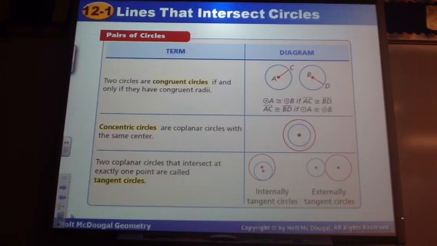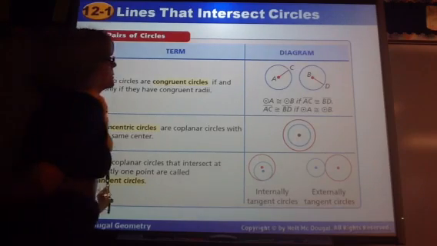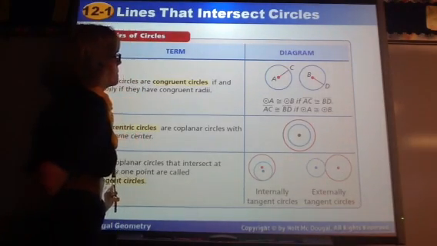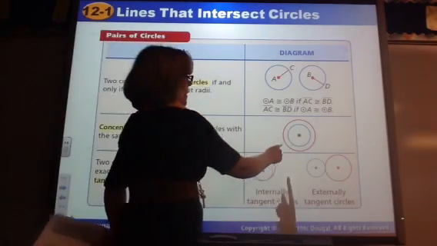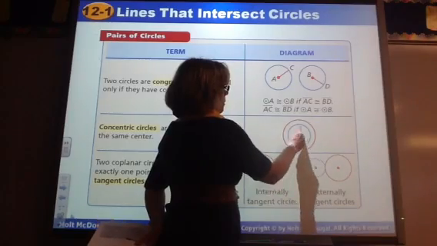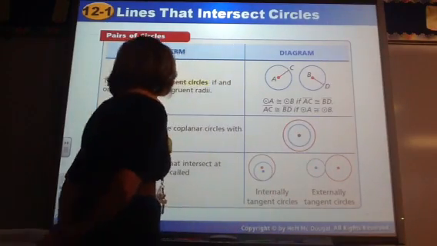Pairs of circles. Two circles are congruent circles if and only if you have congruent radii. Concentric circles are coplanar circles with the same center. So you have the red circle and the blue circle, and they share the same center.